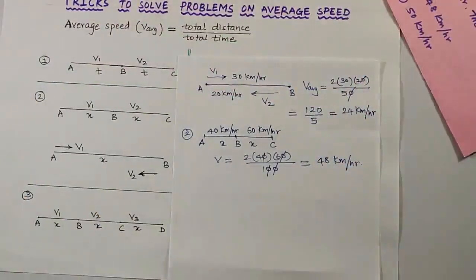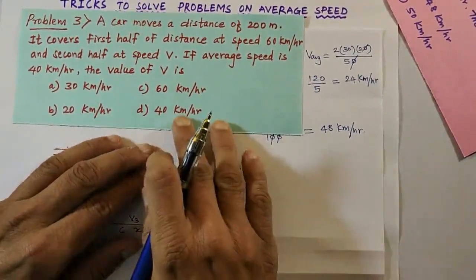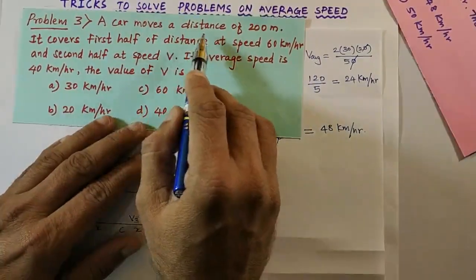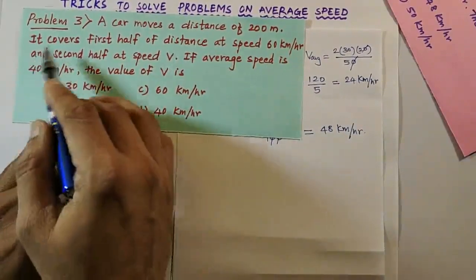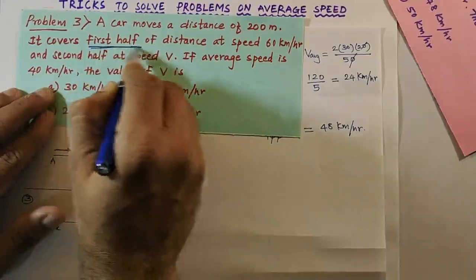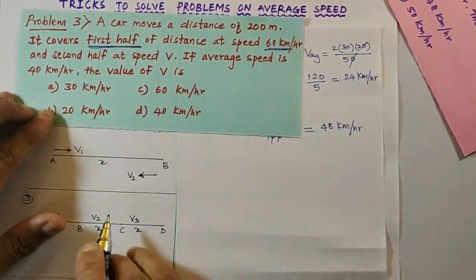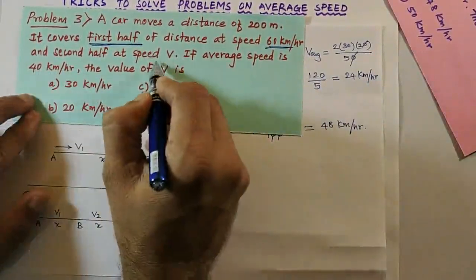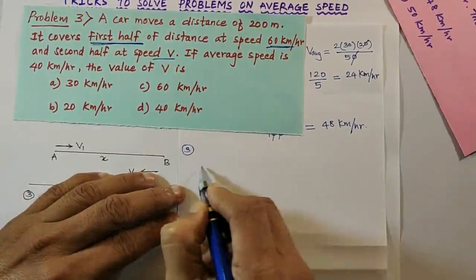Similarly, if I take third, a car moves a distance of 200 meters. It covers first half, again he says first half of distance with a speed of 60 kilometers per hour, and second half with speed V. Means again it is same case.